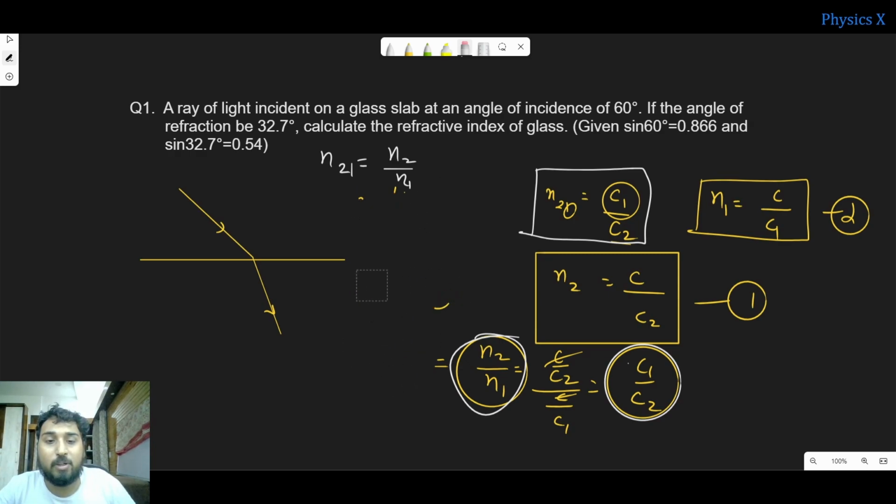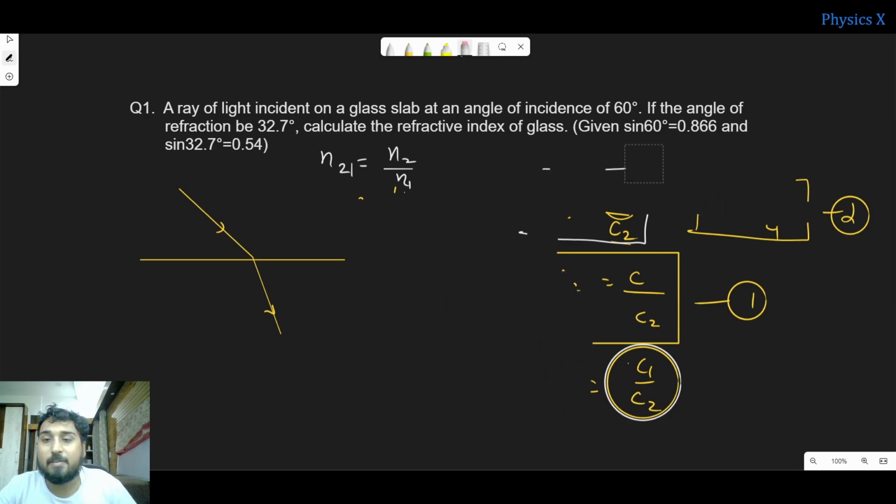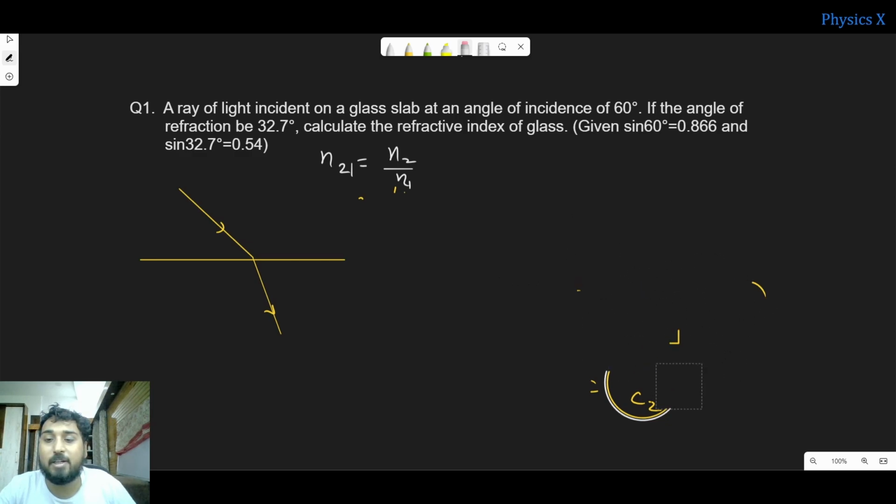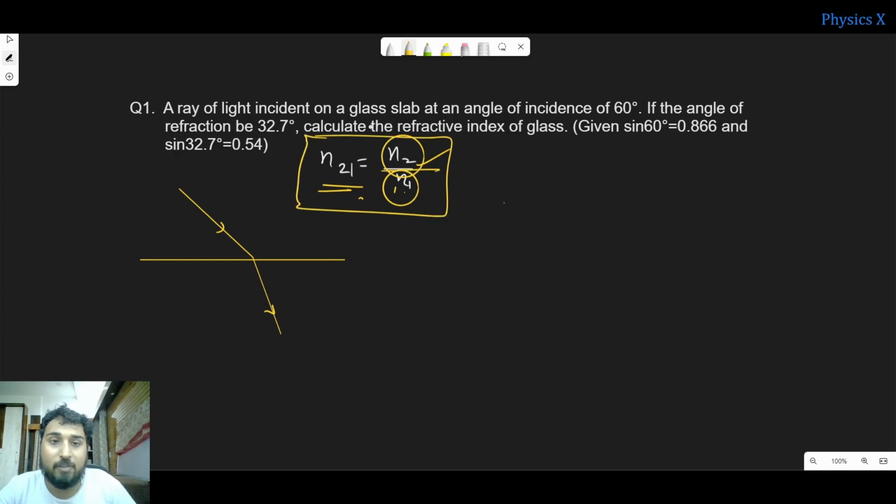The refractive index of the second medium with respect to the first medium is nothing but the ratio of the absolute refractive index of the second medium to that of the first medium. This relation is important and will be used.